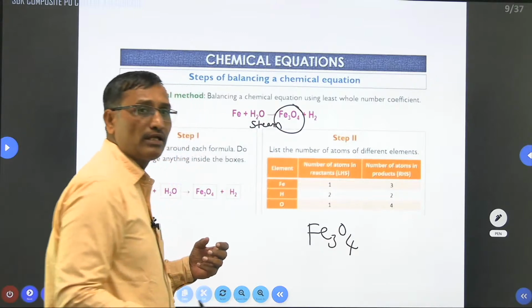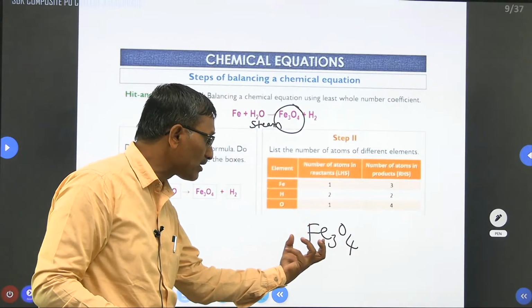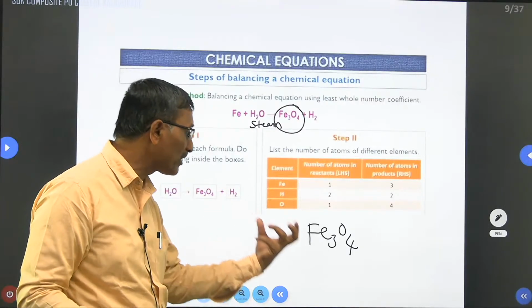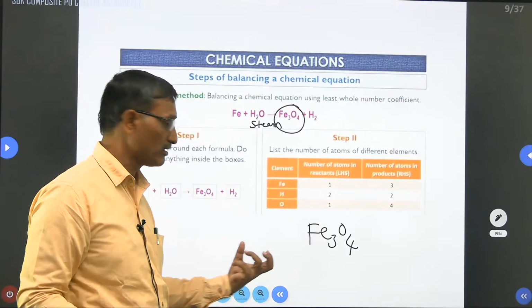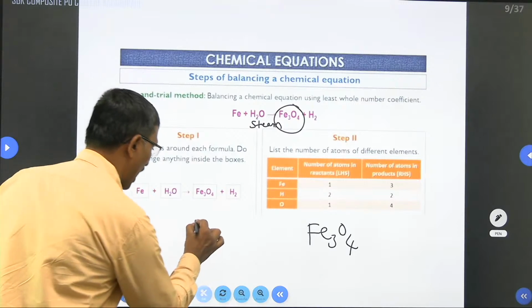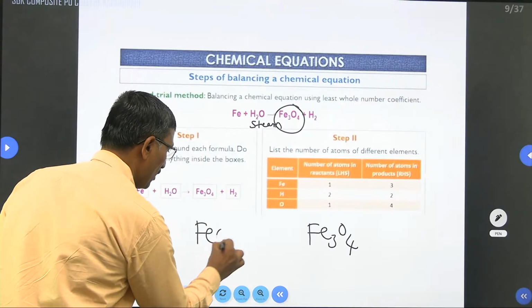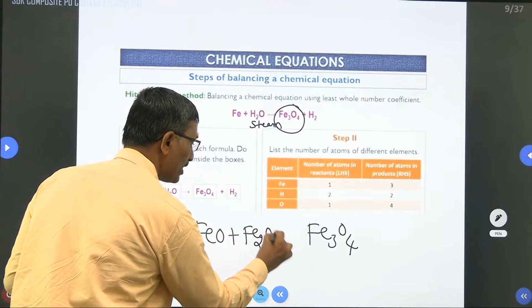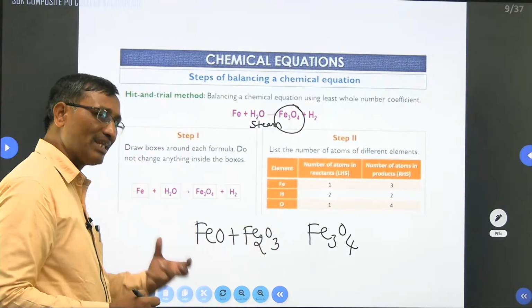Fe3O4 is a mixed oxide of iron, we can say. Why am I telling this as a mixed oxide? It is the composition of FeO plus Fe2O3, students. You will be learning this.